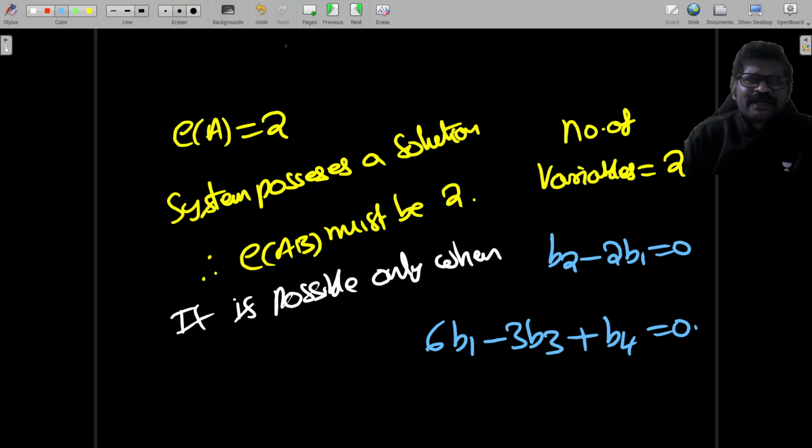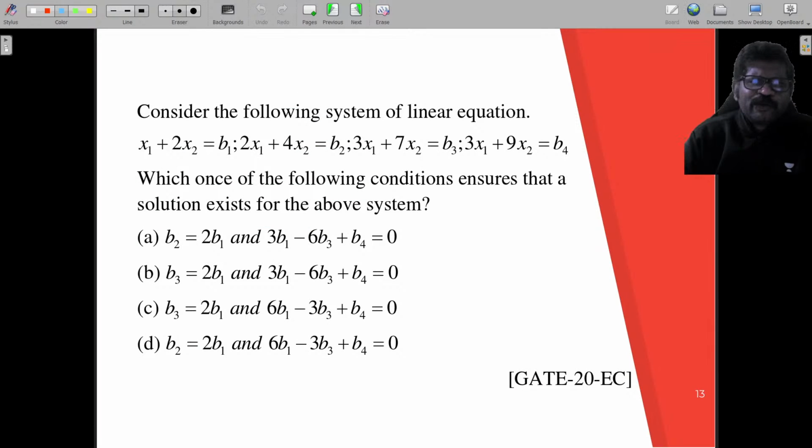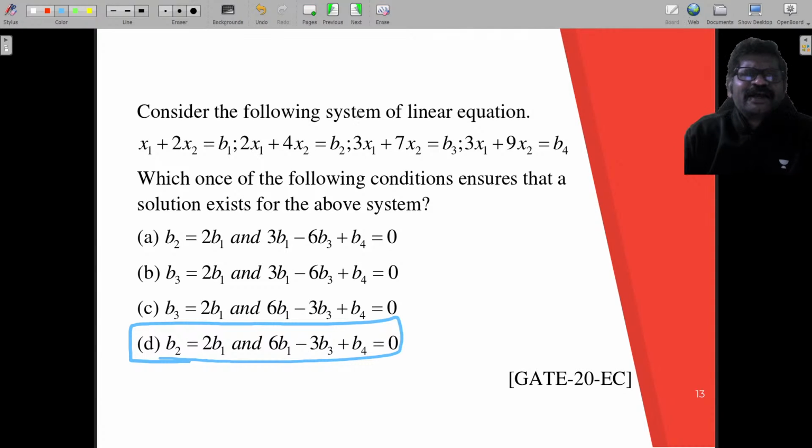That's why in the options we have to verify B2 must be equal to 2B1, and 6B1 minus 3B3 plus B4 equal to 0. So the last option is correct. Understood? Next question.